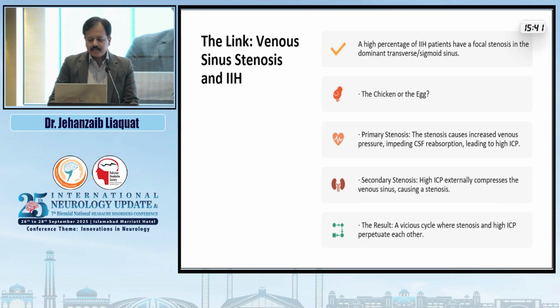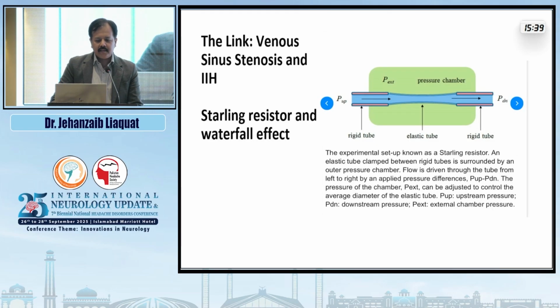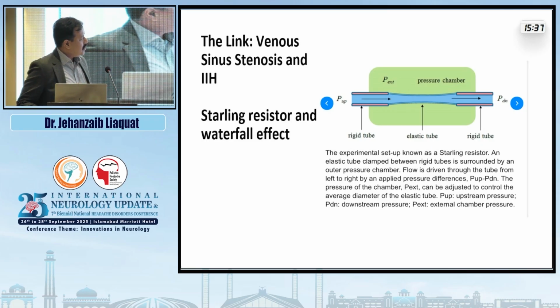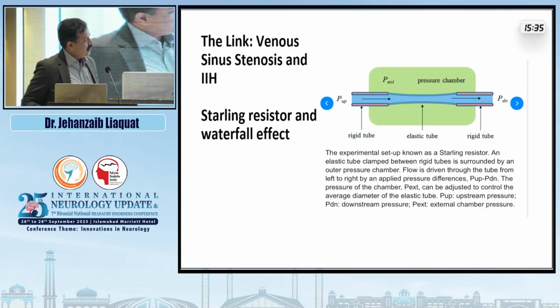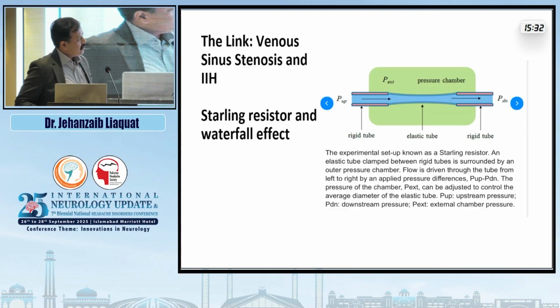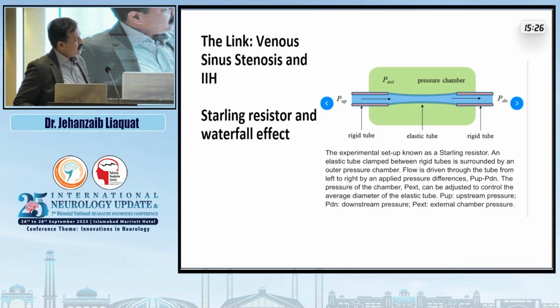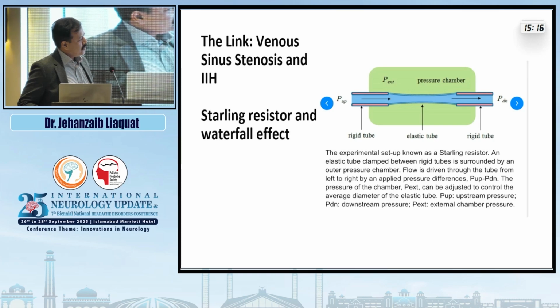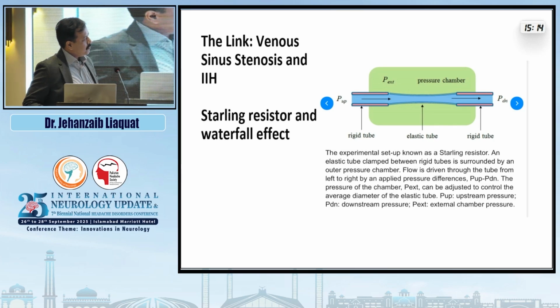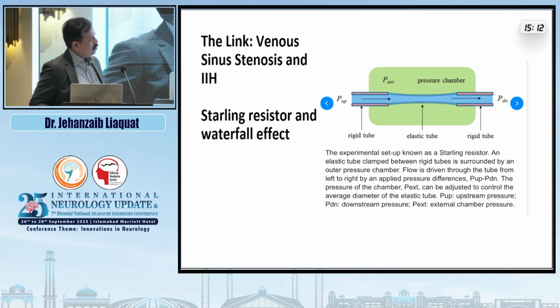I would like to explain this phenomenon by the Starling resistor mechanism. If we consider that this is the venous sinus, there is a hard part and a softer part, and this is the external pressure exerted by the intracranial pressure. There is a pressure upstream and a pressure downstream, and the flow is determined by the pressure gradient between the higher and the lower value.